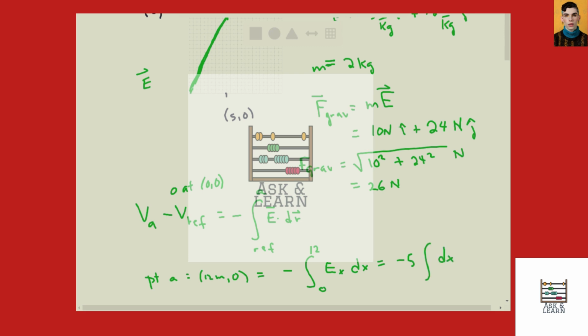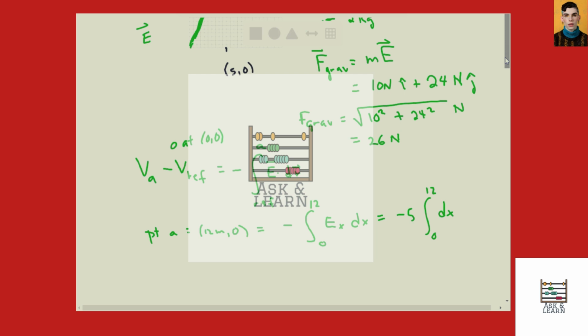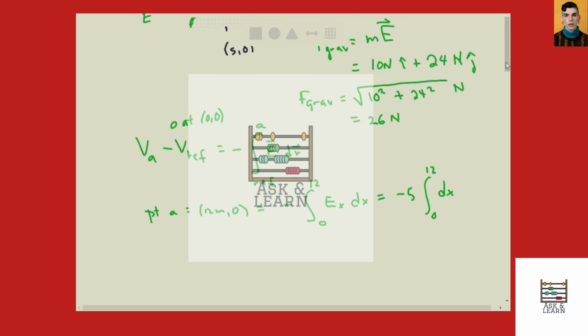So we have dx from 0 to 12. And we'll worry about the units in a little bit, but it's going to be newtons times meters over kilograms. Okay, so that is minus 60. And instead of saying newtons times meters over kilograms, we'll say joules per kilogram. A joule, reminder, is a newton times a meter.